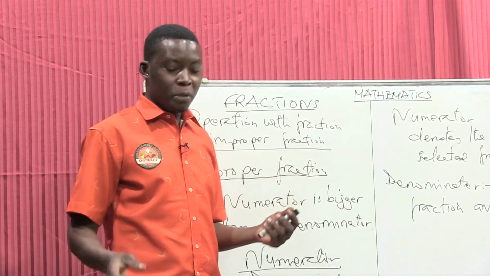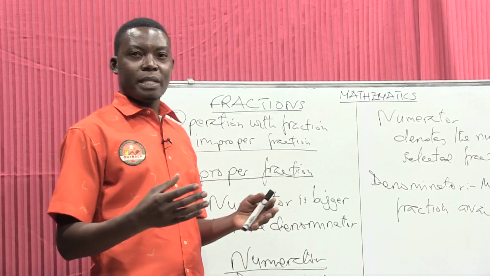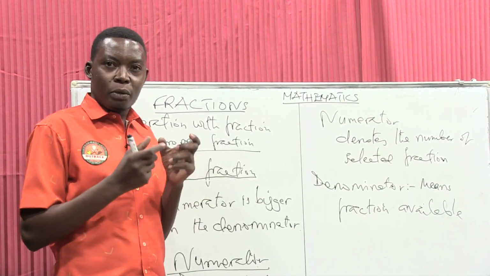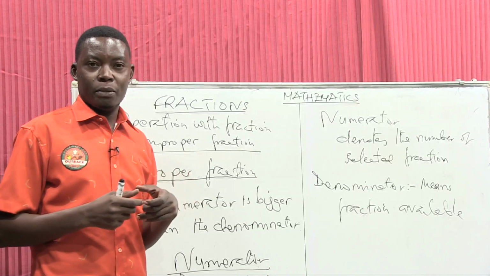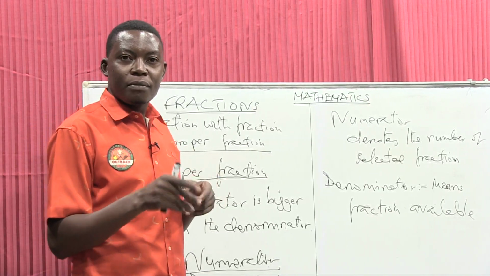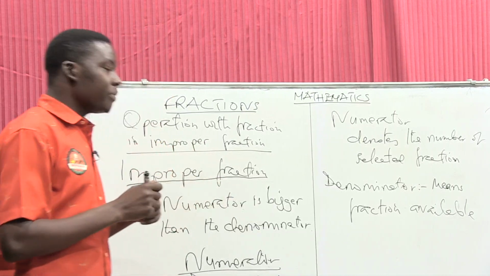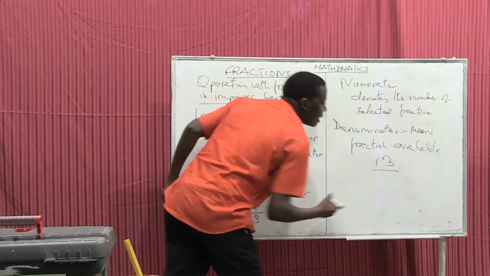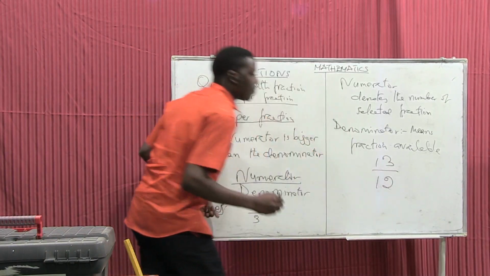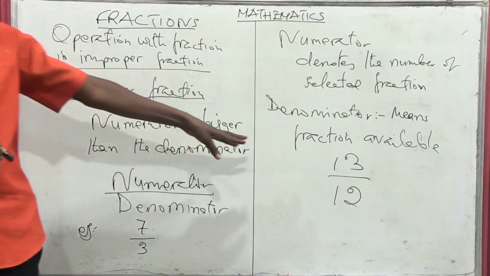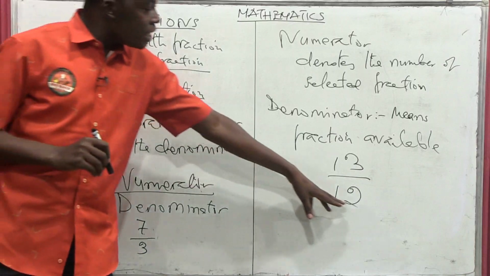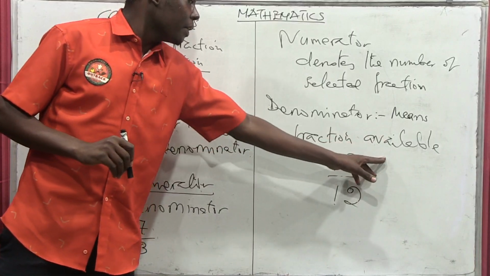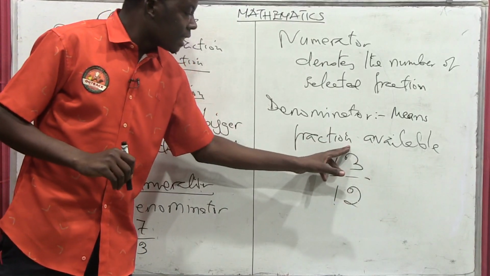For example, you have a box which contains pens. The box is able to contain maybe 12 pens. But if someone tells you to take 13 pens from the box, it is very difficult to understand this concept. Why? How can you take 13 from 12? 12 is the maximum number, but you need to take 13 out of 12.